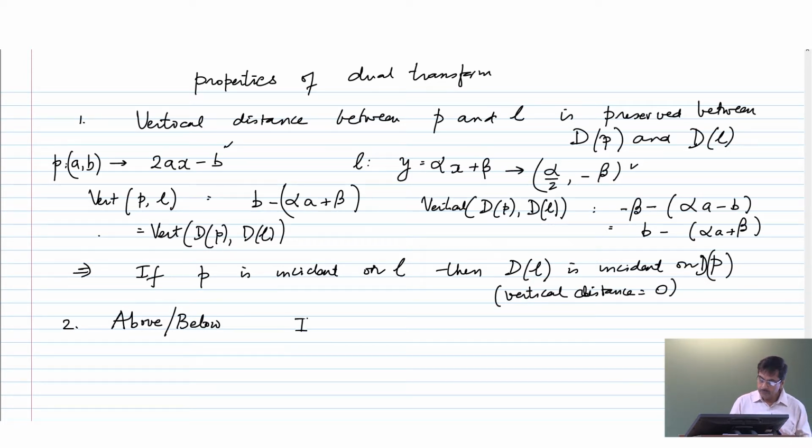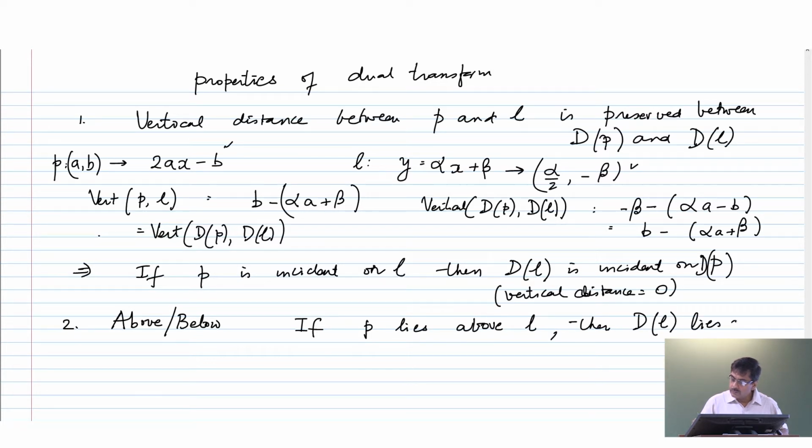If P lies above L, okay, then d of L lies above d of P.